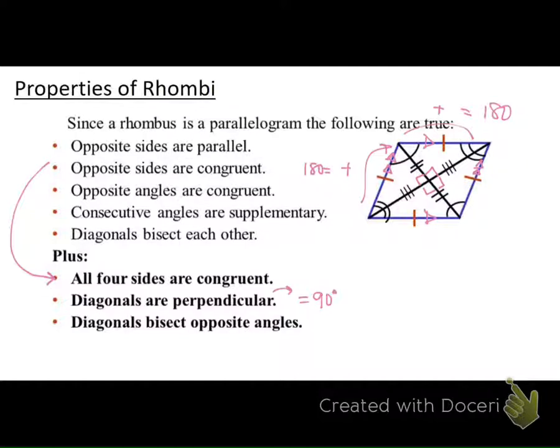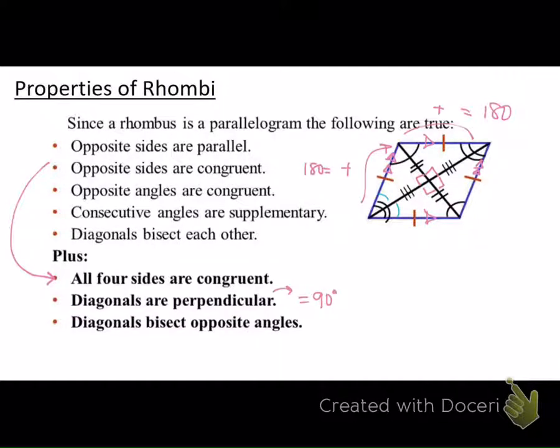And diagonals bisect opposite angles. That means that this angle here is congruent to this angle here, and this angle here, and this angle here. Notice bisecting the angle means cutting it. So this angle here is cut into two equal pieces. But since it's the same as this angle here, these two pieces are also the same as that. Again, this is the first shape we've had that does this too.